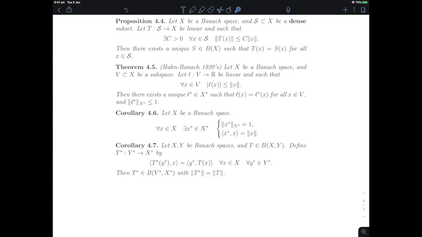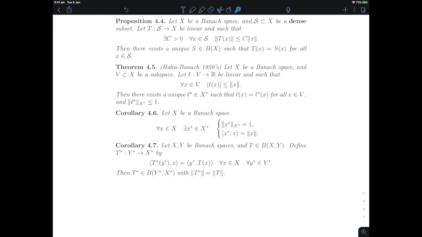And the way you do it is through what would be a property of adjoints in Hilbert spaces with the inner product, but that becomes a definition here. So you define the action of T star on an element Y star of capital Y star. It is an element of capital X star, so it's a linear function on X, so you have to tell me what it does to an element of X. And what does T star Y star do to X?